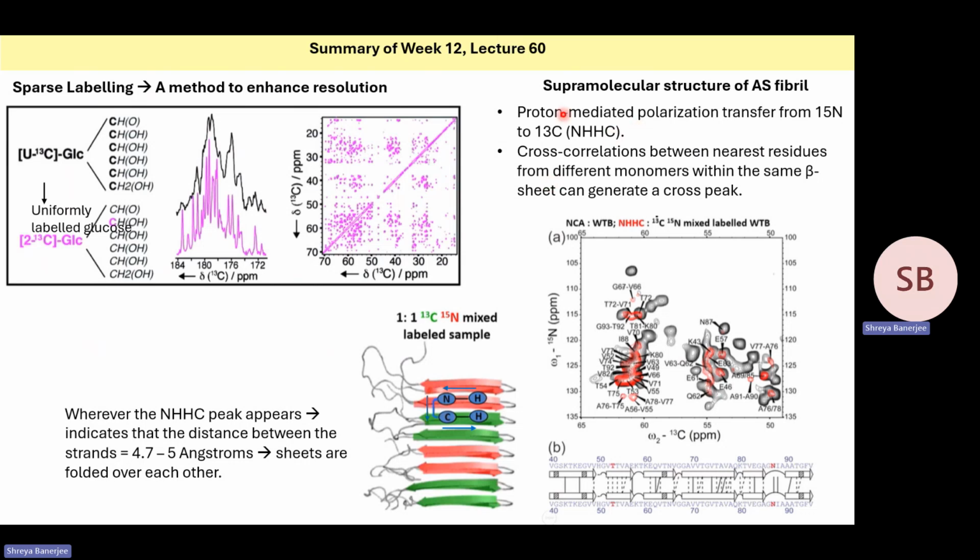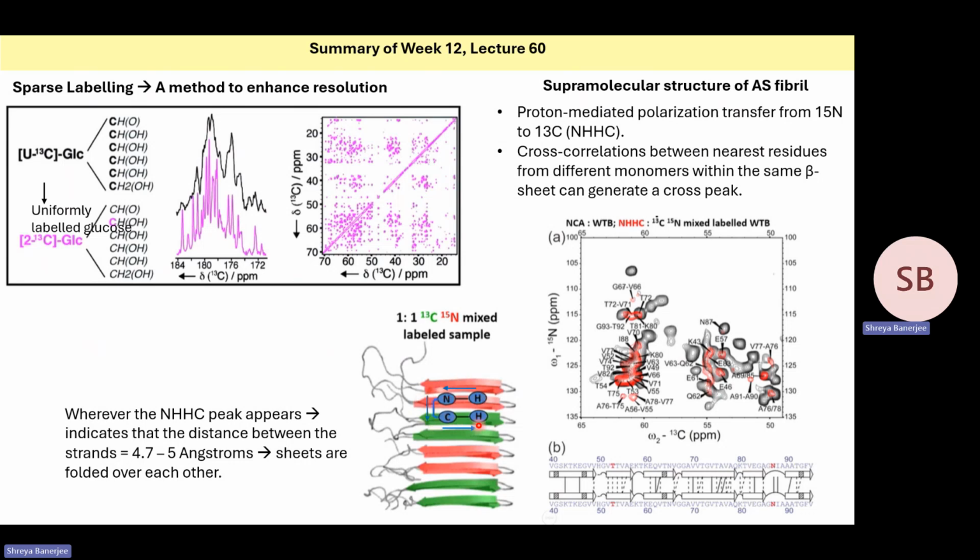Now, how do we find the supramolecular structure of this amyloidogenic fibril that is forming? Basically, proton-mediated polarization transfer is done from 15N to 13C. So suppose you have a fibrillar structure formed by beta sheet aggregation like this.